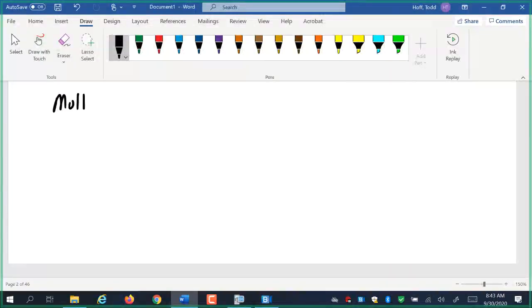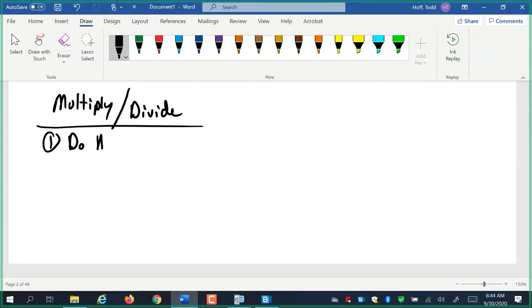When we multiply or divide, remember we do not need the same name. With fractions, this meant we didn't need a common denominator.